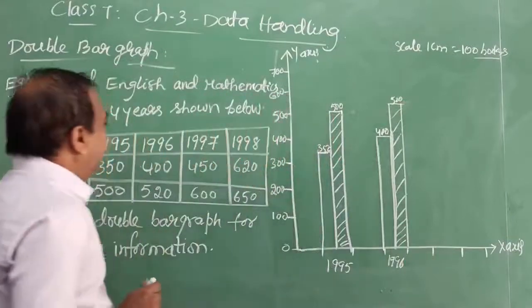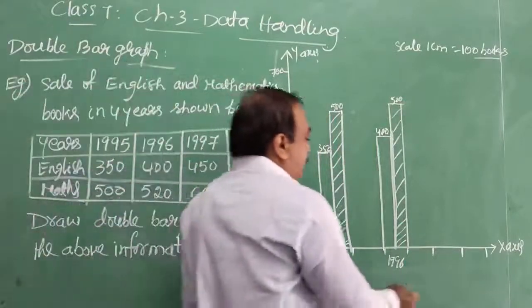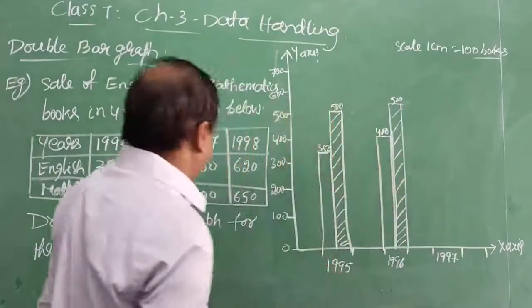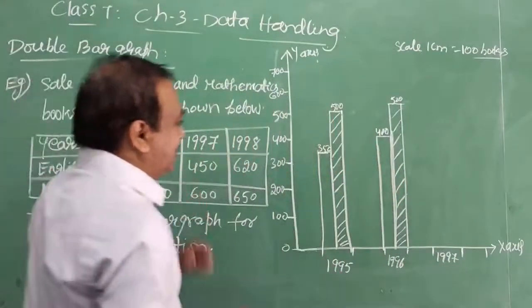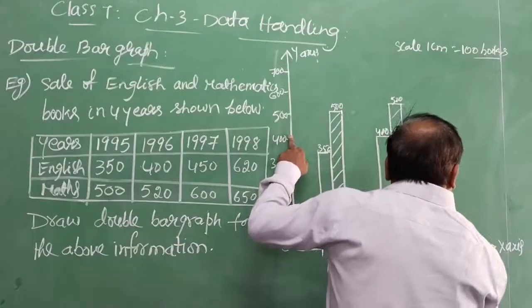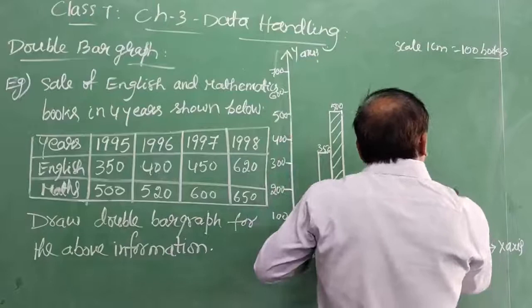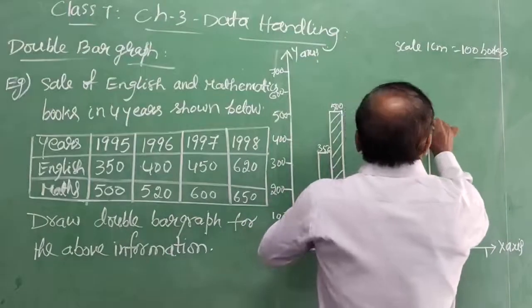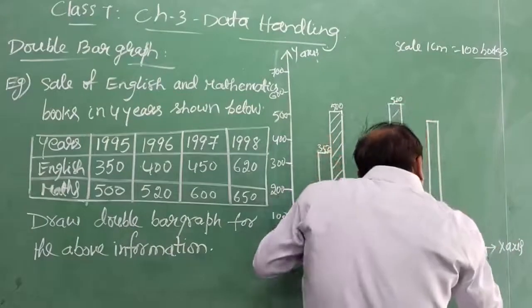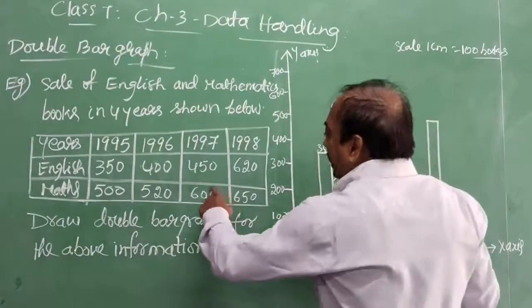Next, 1997. So here 1997, I am taking 450 and 600. So 450 is in between 400 and 500. So 450. Then again this 600.